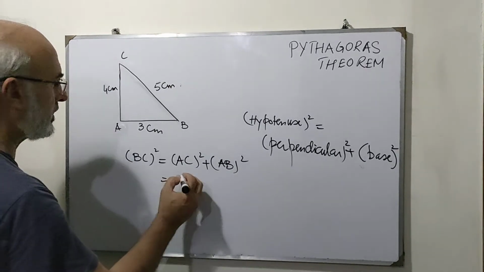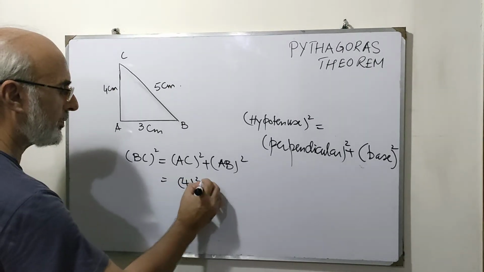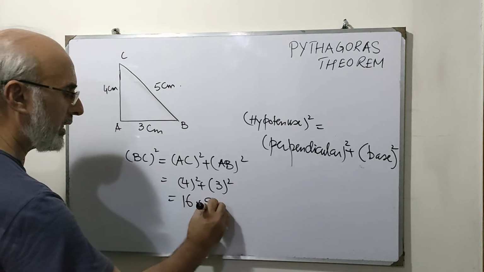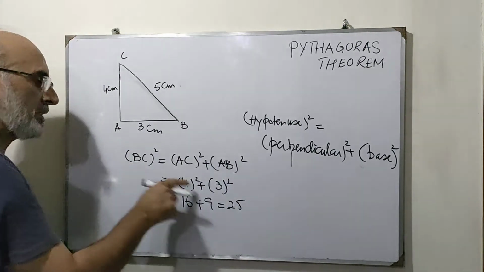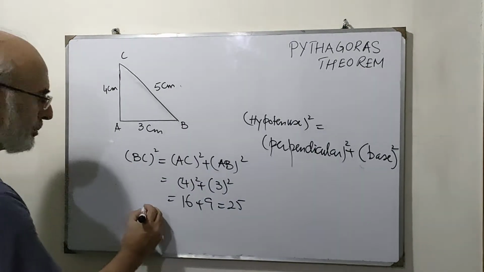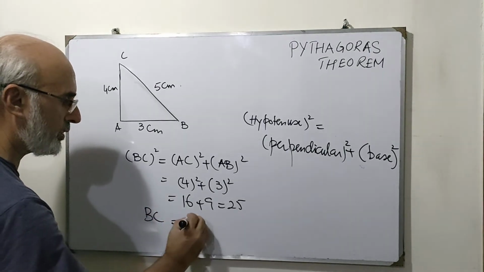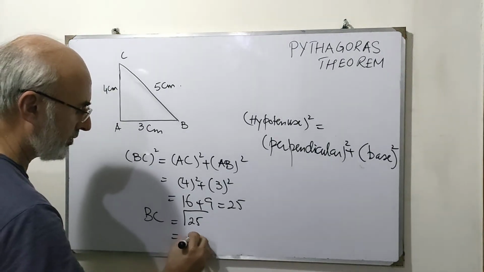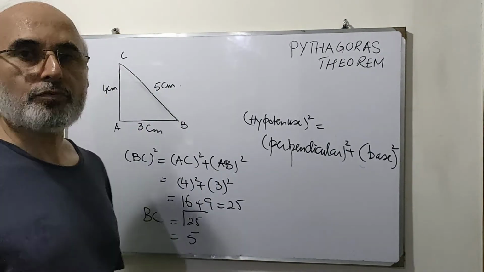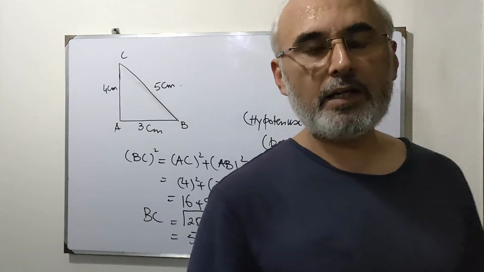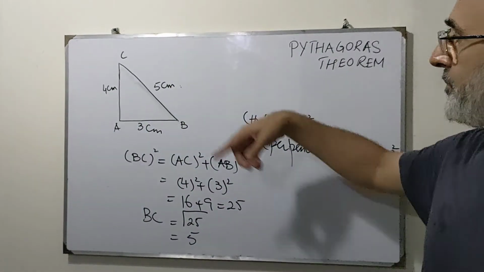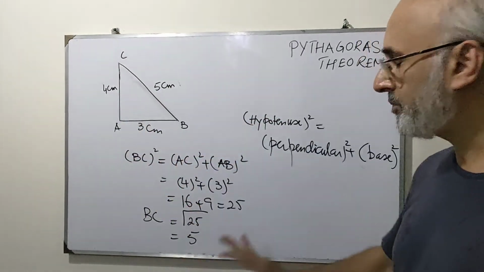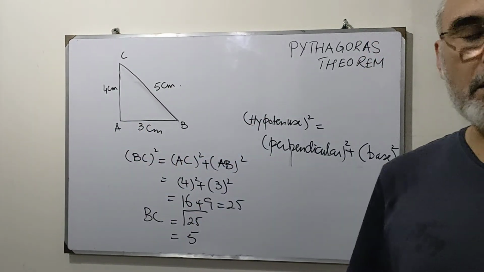So this is 4 square plus 3 square, which is 16 plus 9, which is 25. So BC square is equal to 25, and BC is equal to root 25, which is 5. So proved. The relationship is correct, and when we say that the hypotenuse square is equal to the sum of squares of perpendicular and base, we can safely say it is correct.